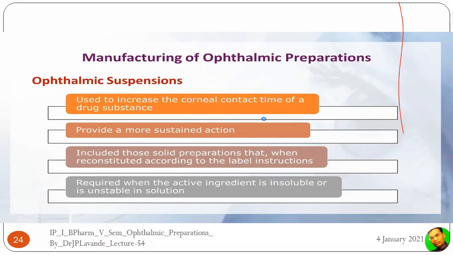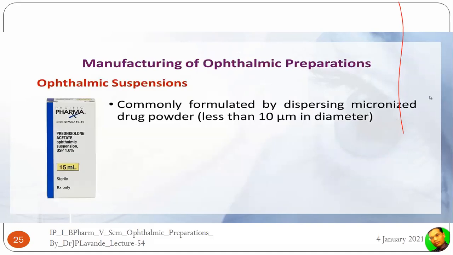And suppose a solution is prepared, but it remains unstable or is going to be hydrolyzed, then in such cases it is very difficult to go with the preparation of the solution. So that's why there is a need to go with the suspension. All these are the reasons why ophthalmic suspensions are prepared.